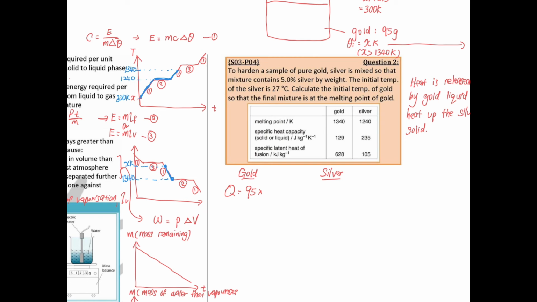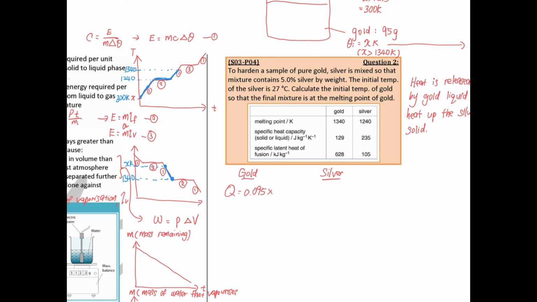So let's change it to SI unit. Why do we have to use kg? Because you can see the unit here, joule per kg per Kelvin. So it's per kg. So 95 gram, you change to kg is just 0.095.